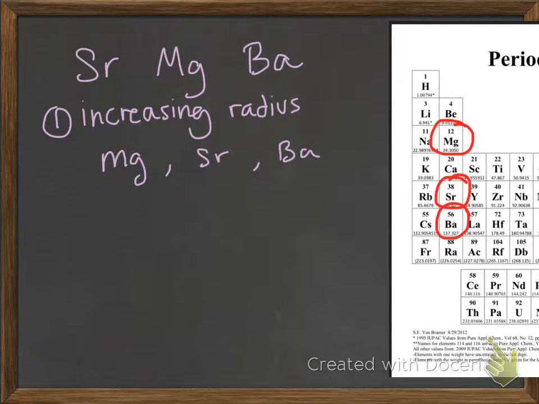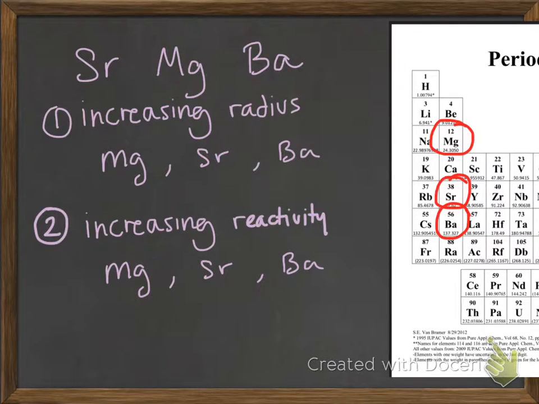Now, if I asked you to arrange them in order of increasing reactivity, how would you do that? Oh wait, you say it would be the same thing? Smallest reactivity to largest reactivity? Yeah, you're right, because reactivity increases as we go down a group due to electron shielding. Radius increases as we go down a group due to electron shielding.